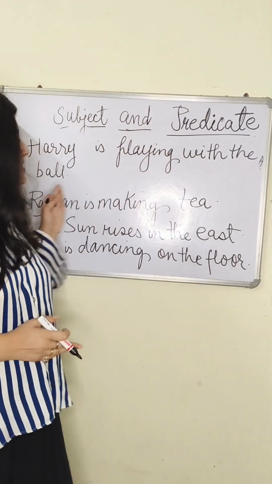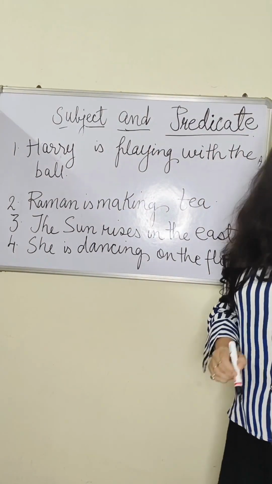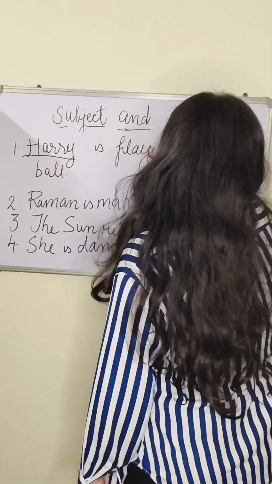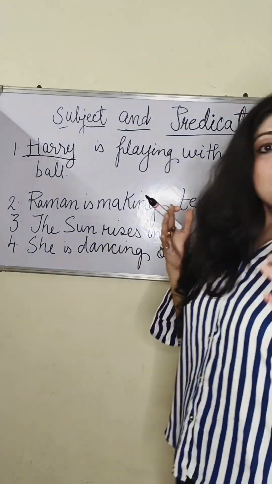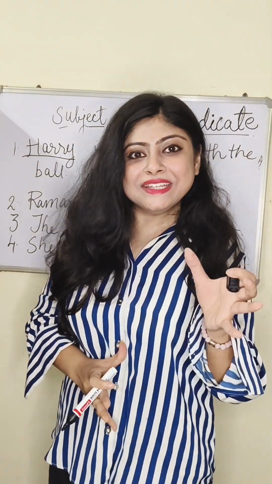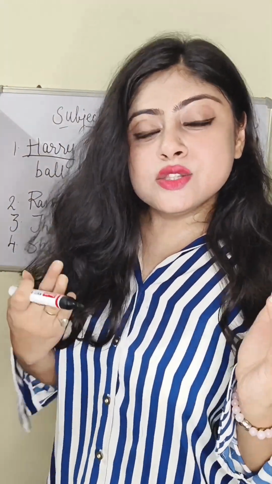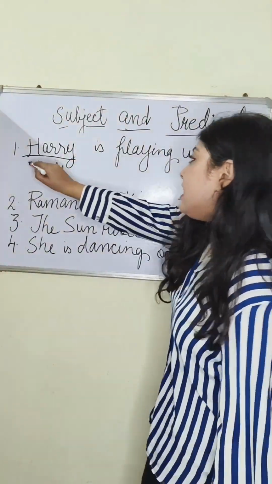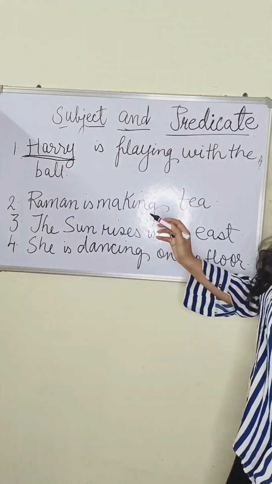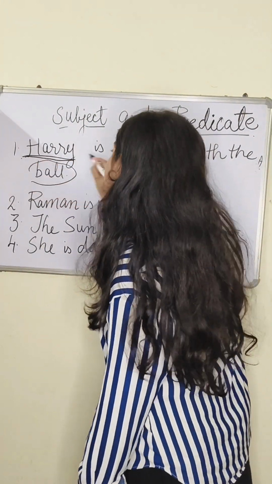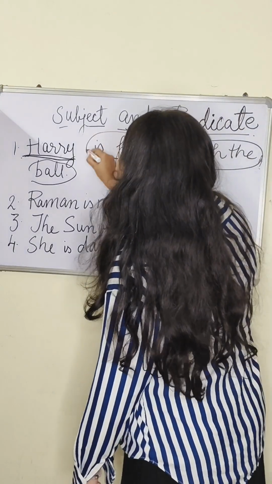Now, we will understand it with the help of certain example sentences to make it clearer. As you can see in these sentences, here: Harry is playing with the ball. Now, who is playing with the ball? Harry. So Harry is the doer here, so Harry is the subject. I have underlined Harry and circled the entire predicate.